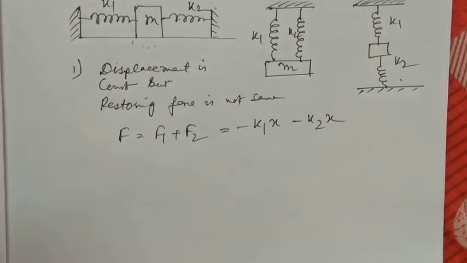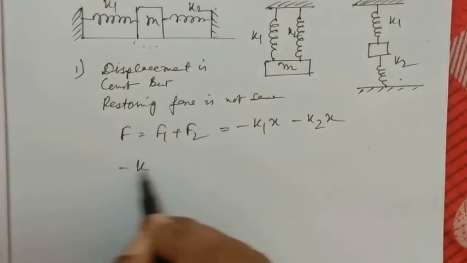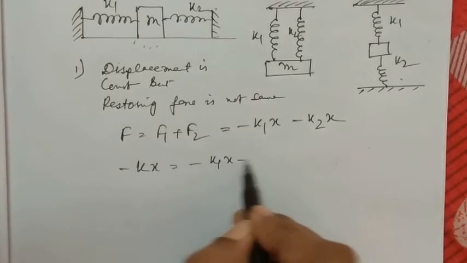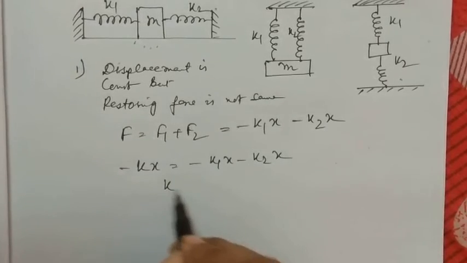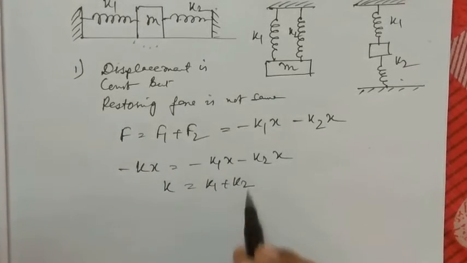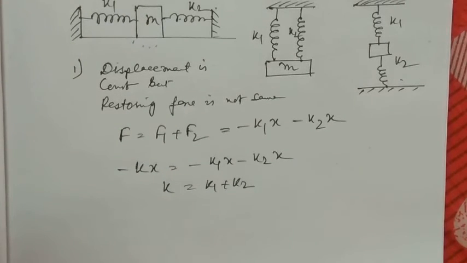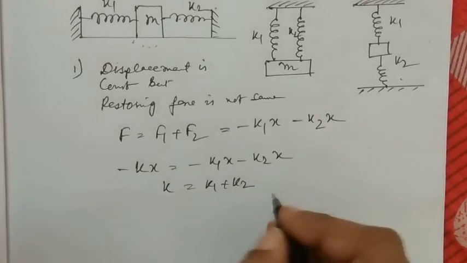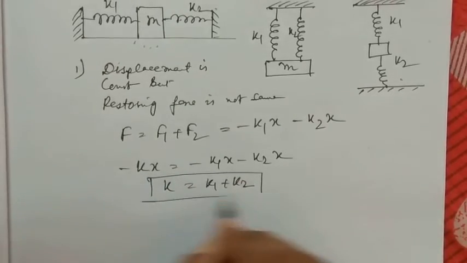Now replace F by minus Kx is equal to minus K1x minus K2x. So K is equal to K1 plus K2. The value of K for parallel combination is K1 plus K2.